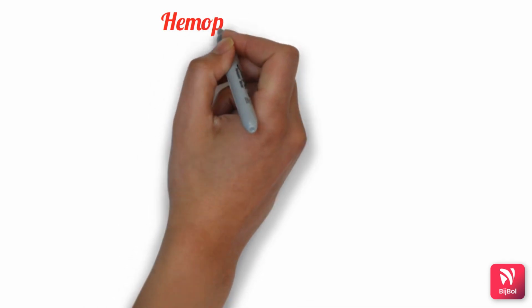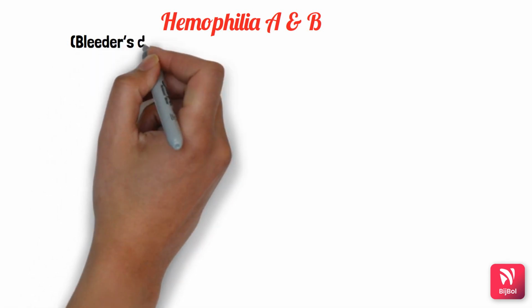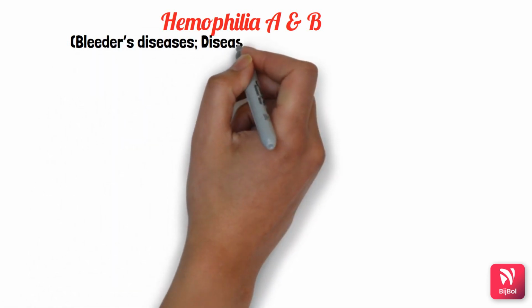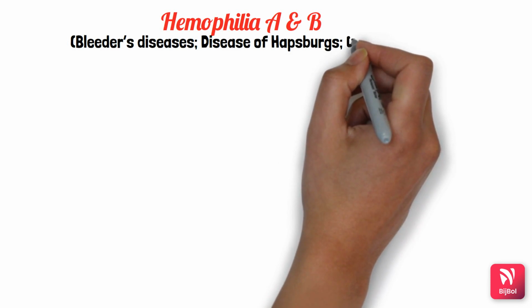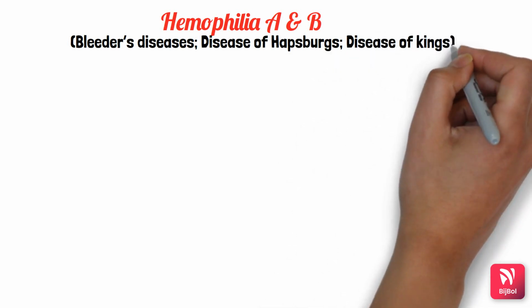And the next topic is a very important one, hemophilia A and B. They are also called bleeder's disease, disease of Habsburgs, or disease of kings. So hemophilia is basically the most common hereditary coagulation disorder.